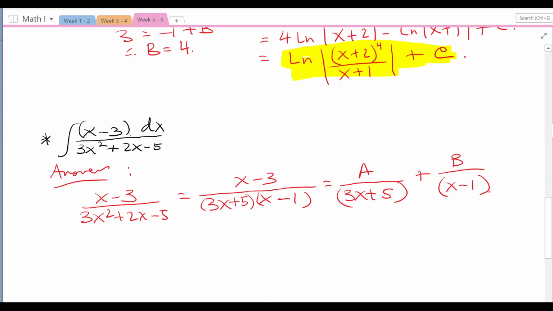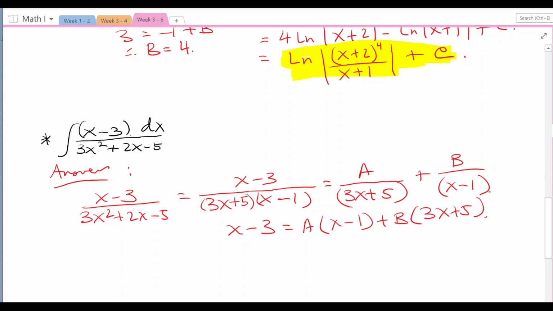Therefore the first term on the left hand side is cancelled on both. So we only end up with x minus 3 equals, so again we're going to decompose, sorry, we're going to multiply with 3x plus 5 and x minus 1. Therefore we only get a times x minus 1 plus b times 3x plus 5.